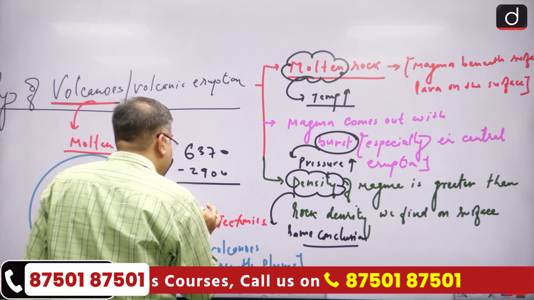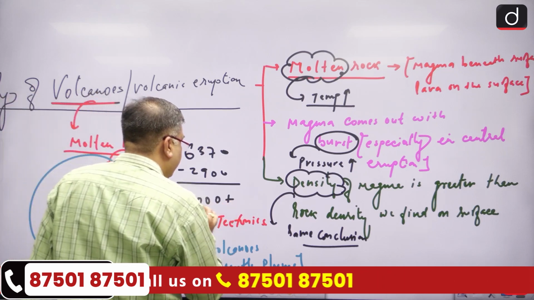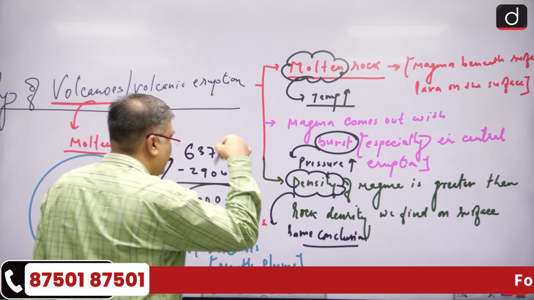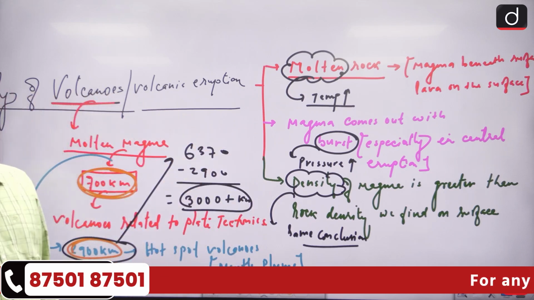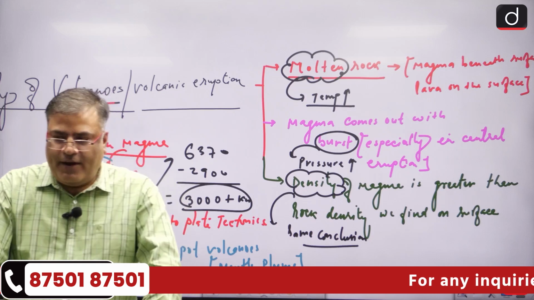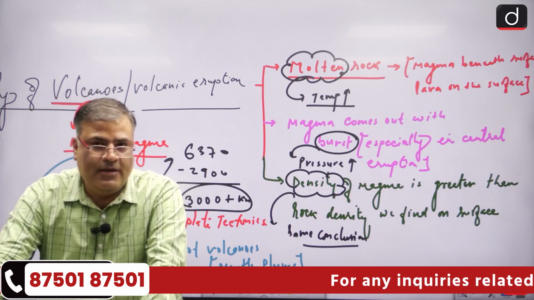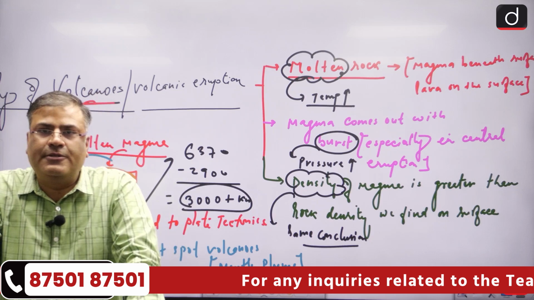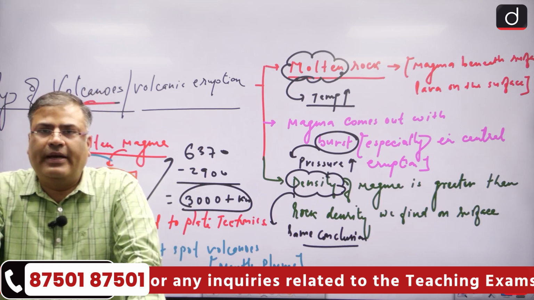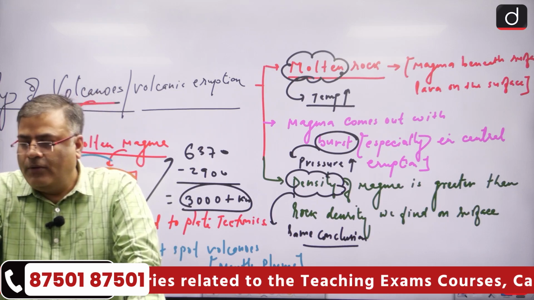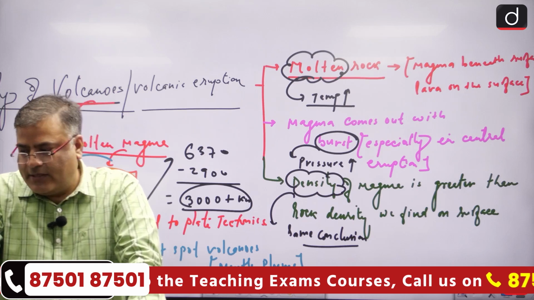It means we still need to know 3000 plus kilometers. What is there inside? And we have exhausted most of our options. All right. You can note down so that we will move to the next evidence.